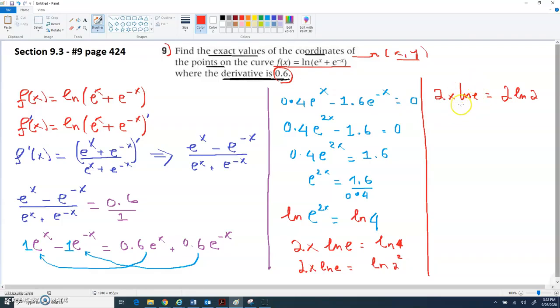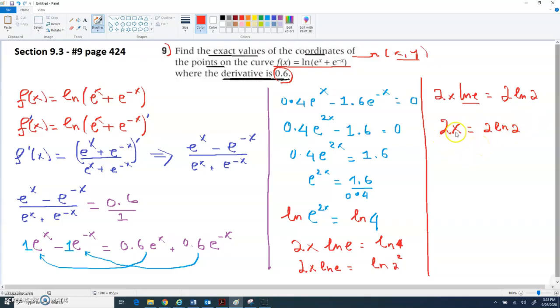Well, the natural log of e is just 1. E to what power gives you e? So that's going to be 2x is equal to 2 natural log of 2, or the natural log of 2 to the second.